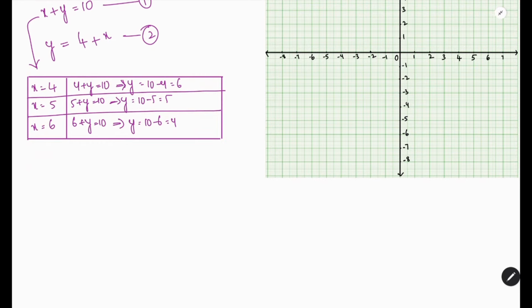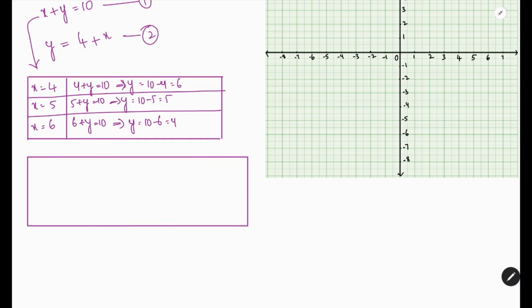Okay. Now take the second equation. Assume the values of x and we will find out the values of y. If x equal to 1, then y equal to 4 plus 1, so y equal to 5.